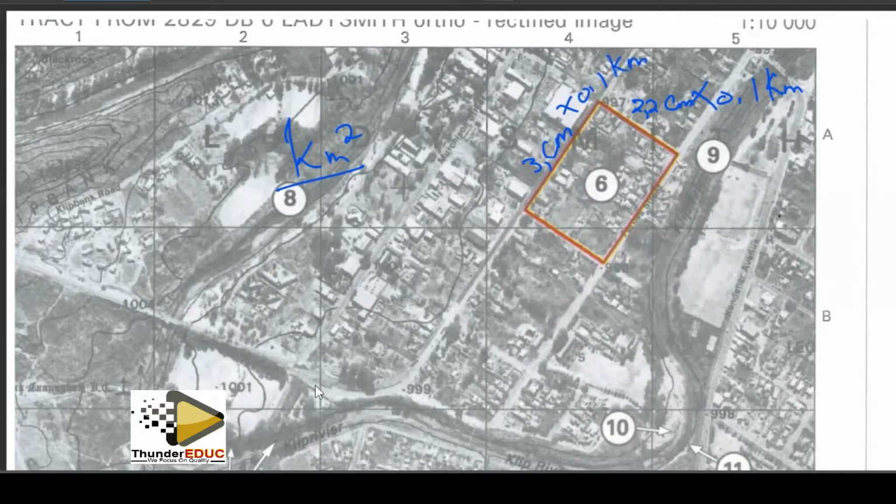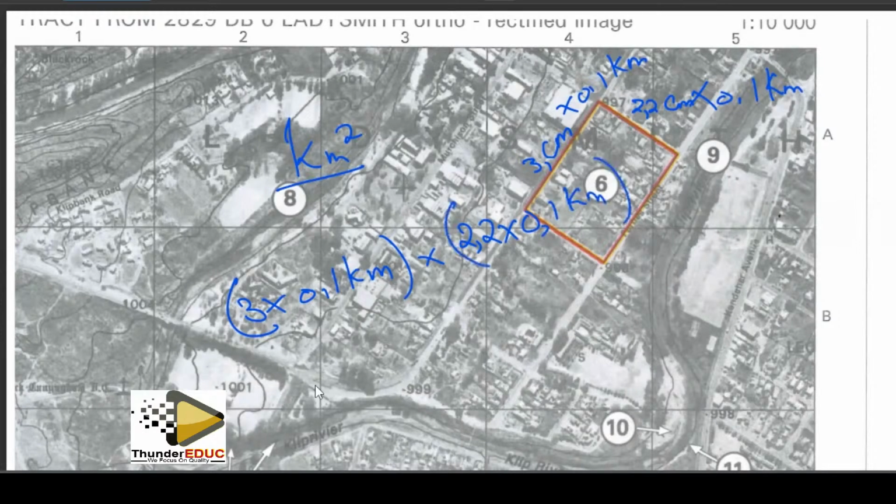Your answer will be in kilometers. If it was a topographic map, you would multiply it by 0.5. So we are saying it's 3 times 0.1 kilometers as your length. We are multiplying 2.2 by 0.1 kilometers.